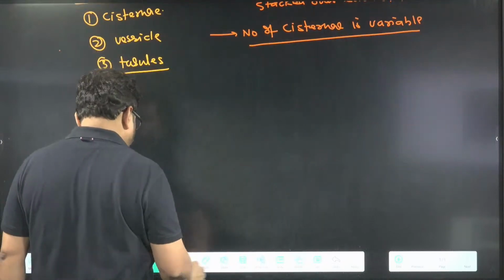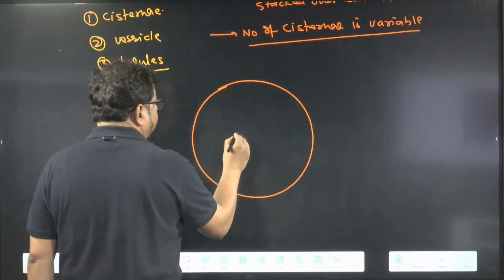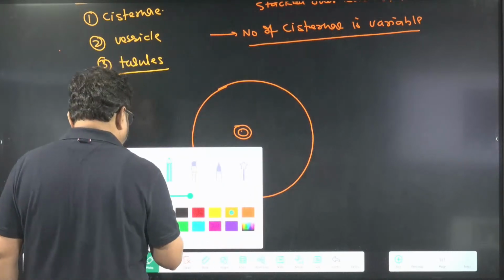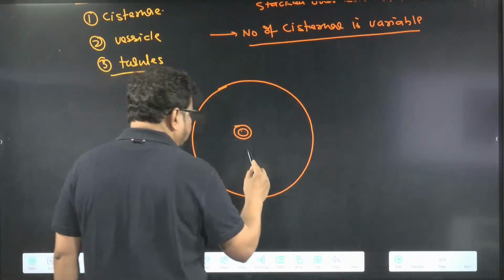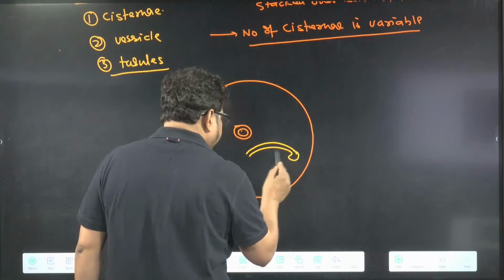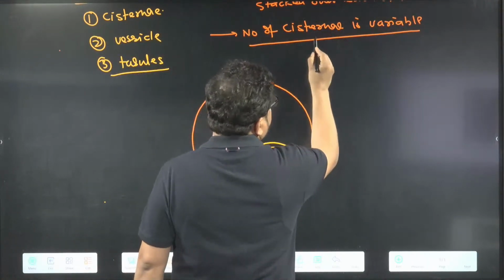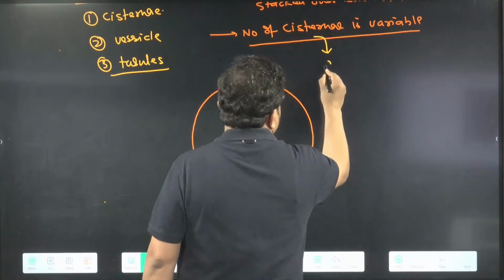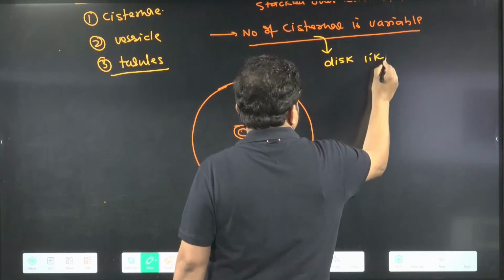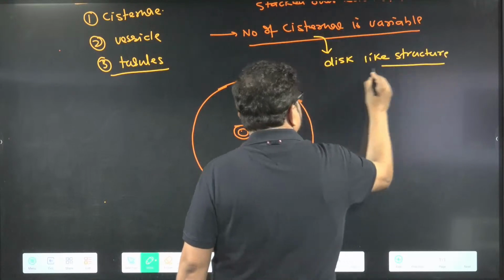You just look here. Suppose that this is a cell and here is the nucleus. Now I am drawing the cisternae of the Golgi complex, the major component. So you just look, it is like this. It is a discoid structure. If we talk about cisterna, it is discoid, a disc-like structure. Got the idea?